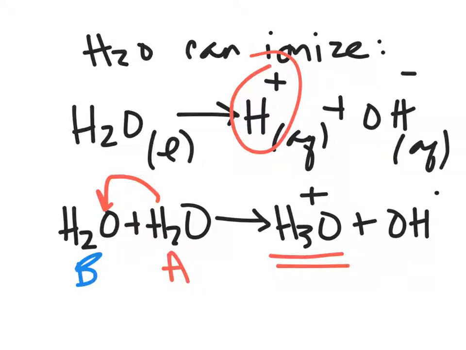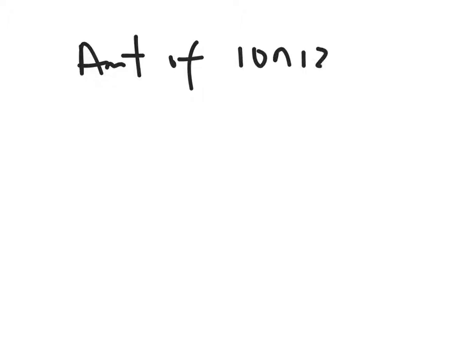It turns out that the amount of ionization that we have is constant. So the amount of ionization, how much water breaks apart into H plus and OH minuses, is constant.